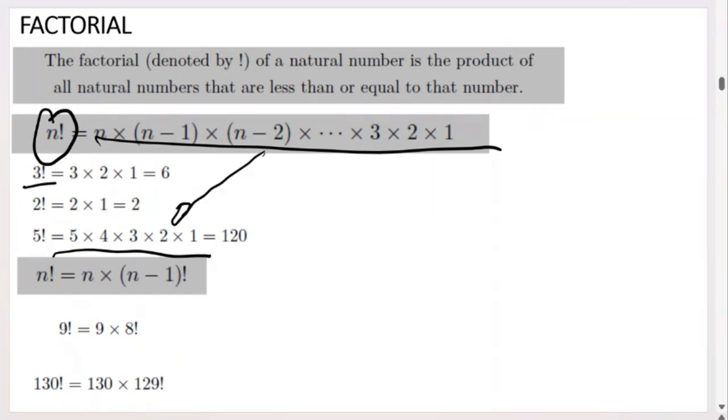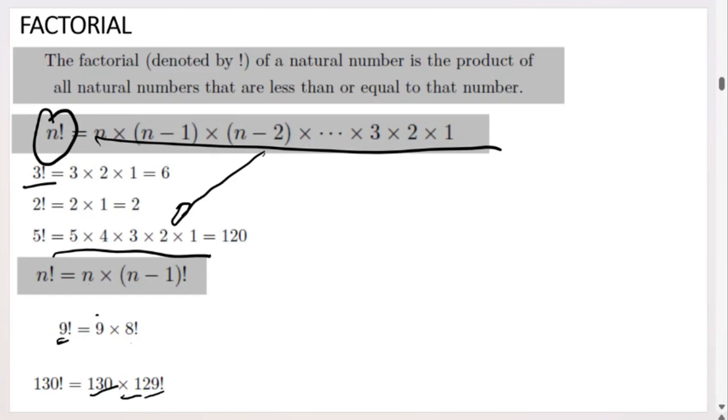So now we are stating the definition in a generalized way. If you are looking for 9 factorial, your n is equal to 9. So you're going to have 9 multiplied by 9 minus 1, which is 8. If you've got 130 factorial, it's going to be 130 multiplied by 129.